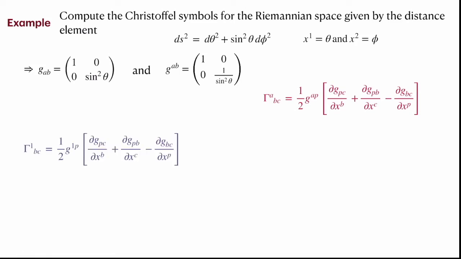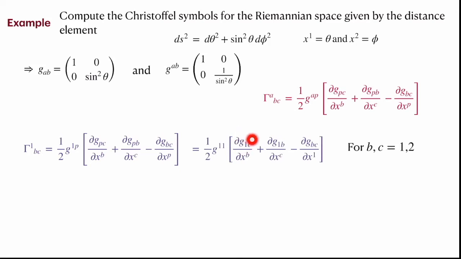Now let's calculate gamma 1BC. We get half g^1P into all this expression. Now we immediately notice that this is a diagonal matrix, so only the component with 1 is g11, and the others are going to be 0. So we can simply write this as half g^11, and the index P becomes 1.